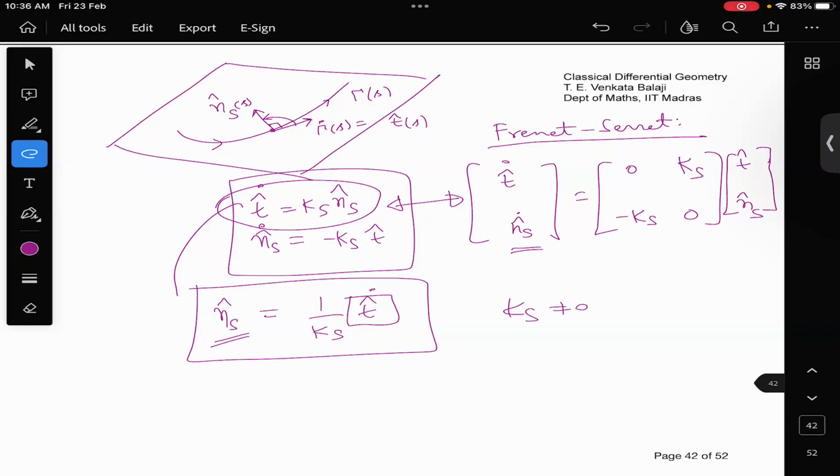Now it is no longer a signed normal. You just call it the normal, and when you take curvature, there is no idea of signed curvature. You have to take only the absolute curvature, and you use this to define what is called the principal normal.